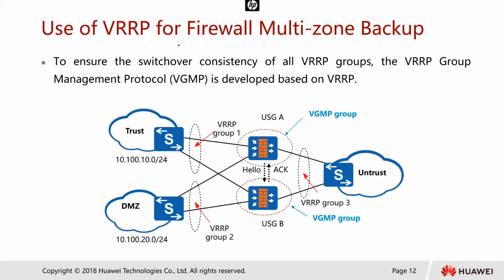So, use of VRRP for firewall multi-zone backup. To ensure switchover consistency of all VRRP groups, the VRRP group management protocol is developed based on VRRP. We said VRRP is helping us to create redundancy, but we have a challenge with stateful inspection firewalls.